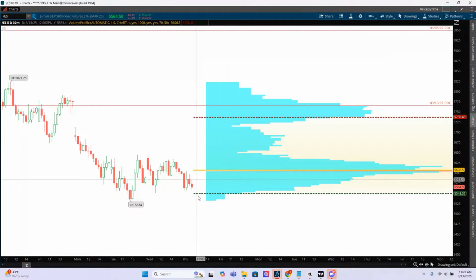If this thing continues to move down, it says that people are just net sellers of this market, which, again, to state the obvious, we're seeing it in real time. But once this breaks this particular area higher, if it doesn't break this low, we continue to fall lower.